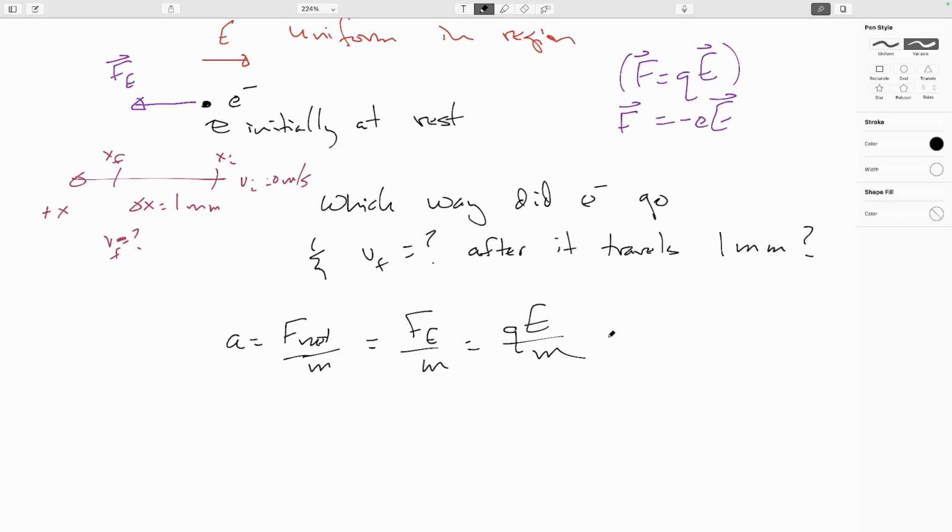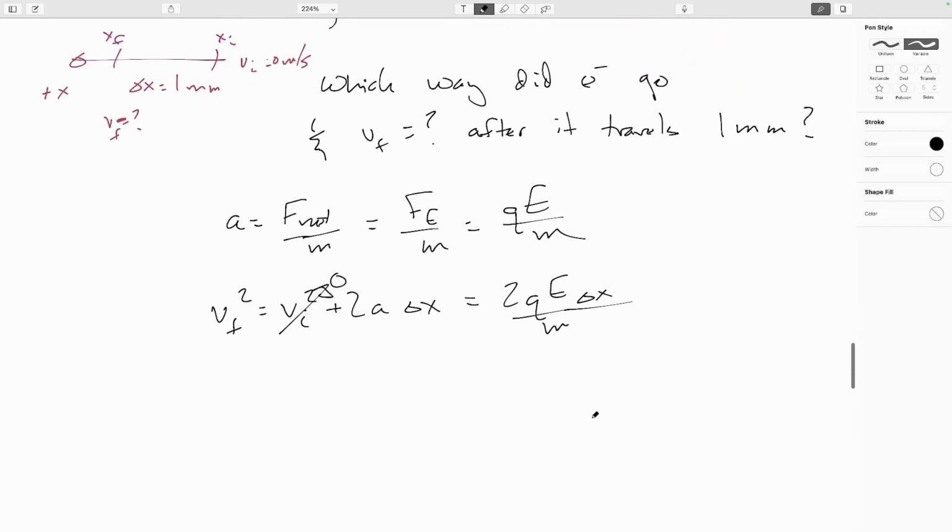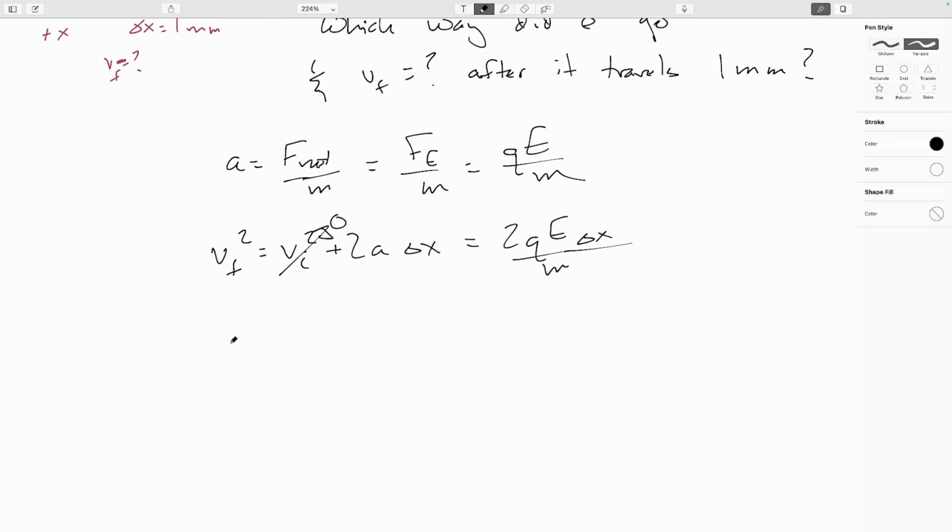All right, but now we have a, and so we can use the kinematics equation that does not have time in it. So that's V final squared equals V initial squared plus 2a delta x. V initial is 0. a is QE over m. And I have a delta x there. So my V final will be the square root of that.